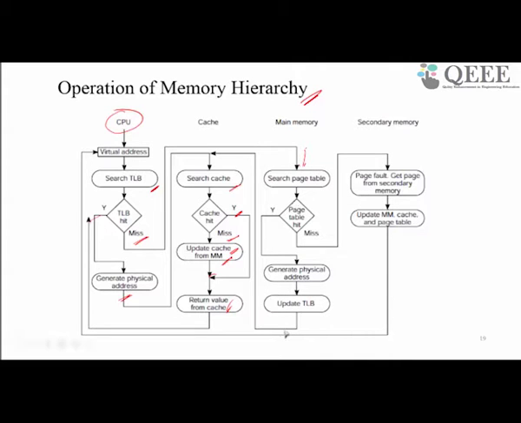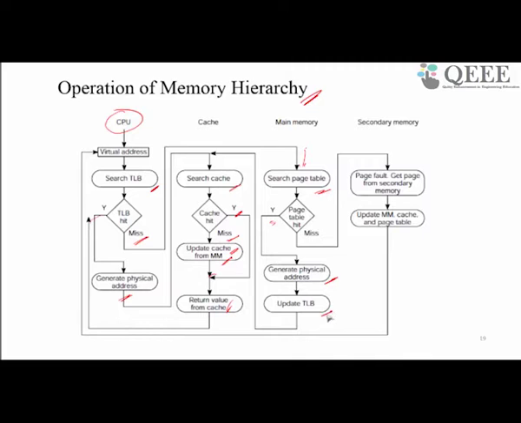Now this whole dynamic address translation goes through by referring to the page table or segment table. In this case it is paging that we are considering. So you search the page table and check whether there is a hit or miss in the page table. If there is a hit in the page table, which means the page is currently resident in the main memory, then you generate the physical address, using the page frame base address along with the offset.